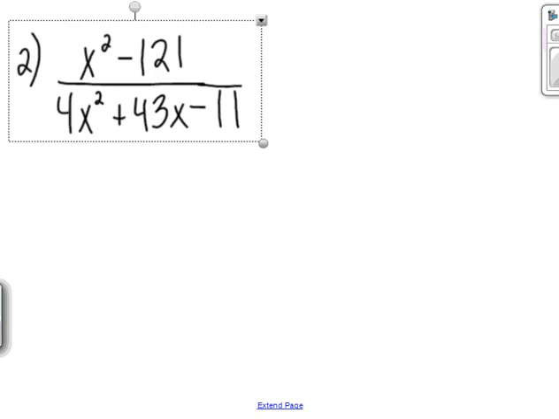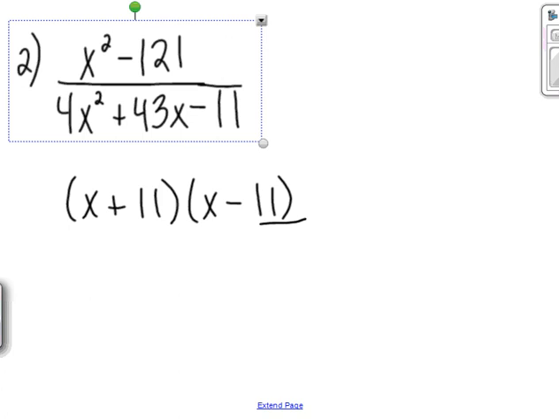For the other one, this is a difference of two squares for the numerator. That's why I put that one on there. So that's x plus 11, x minus 11. If you want to distribute that out, that'll check out perfect. And then the denominator, that one again is just harder to factor, so that's why I put that one on there.